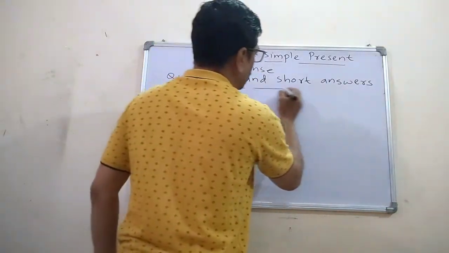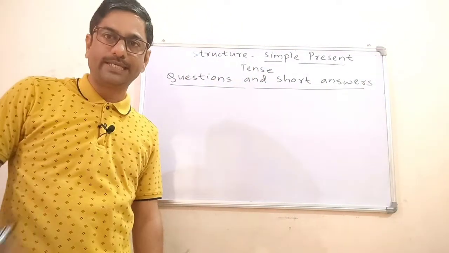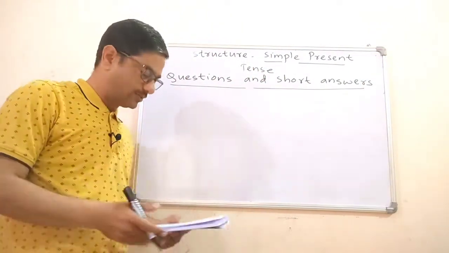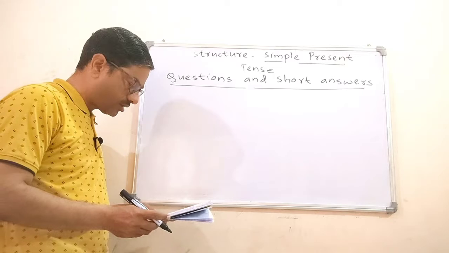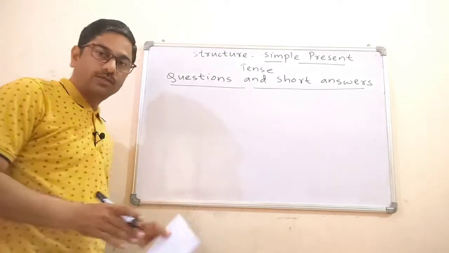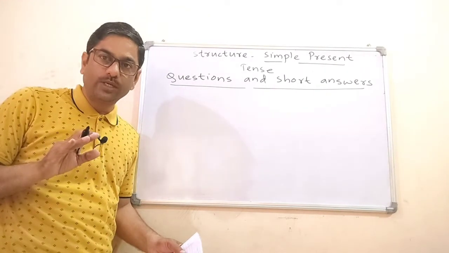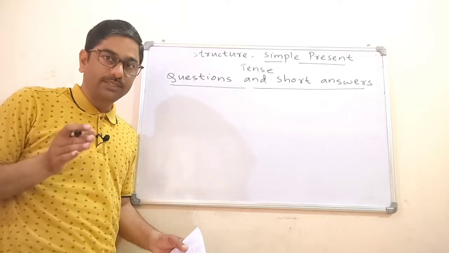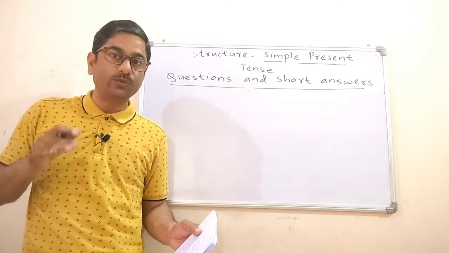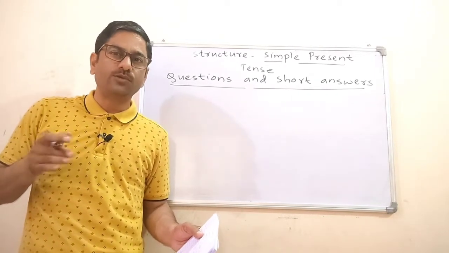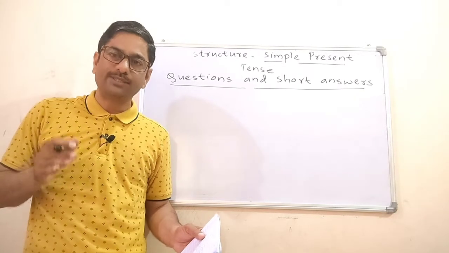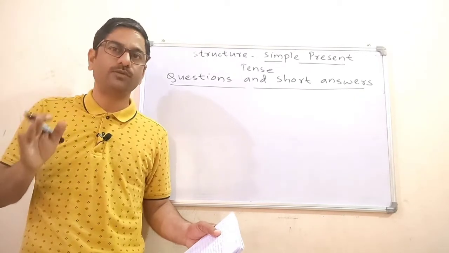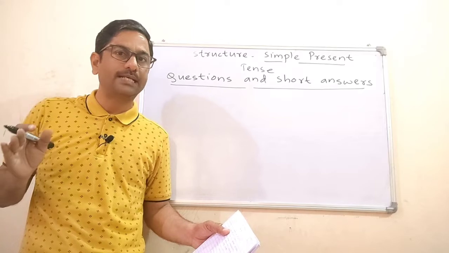Here also you have to make use of do and does. If the subject is I, we, you, they and plural noun, then you will make use of do. And if the subject is he, she, it or singular noun, then you will make use of does.